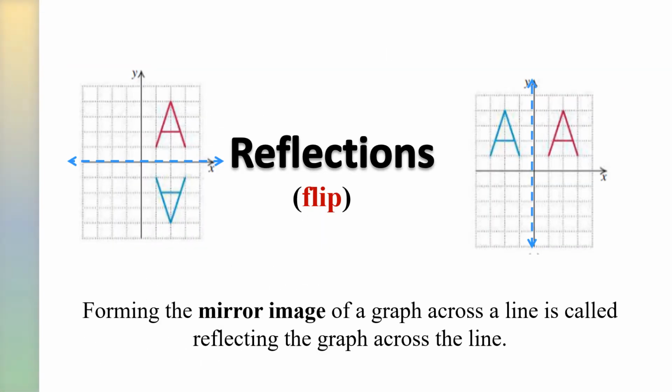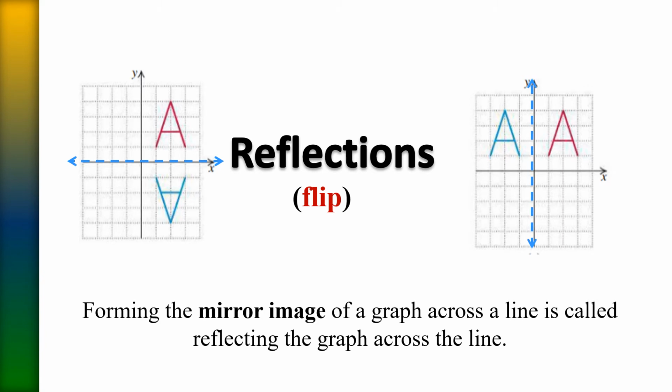And now let's talk about reflections. Reflection is nothing more than a flip. It is a mirror image of the image across a line. So in the first example here, we see that the image was reflected across the x-axis, and that's like folding a paper the short way.